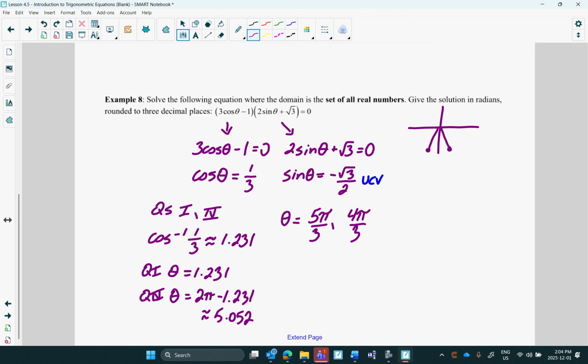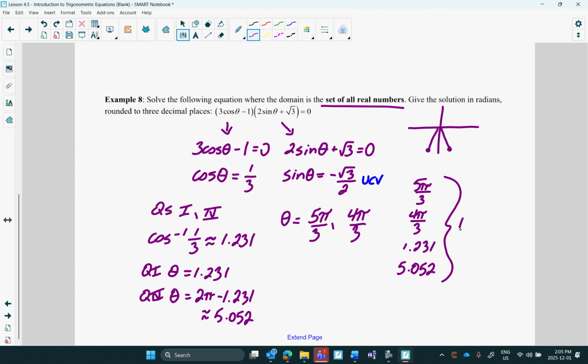But notice, I'm asked for all the answers. So what do we write? The answers we got: 1.231, 5.052, and what do we add to them? What do we add to them?